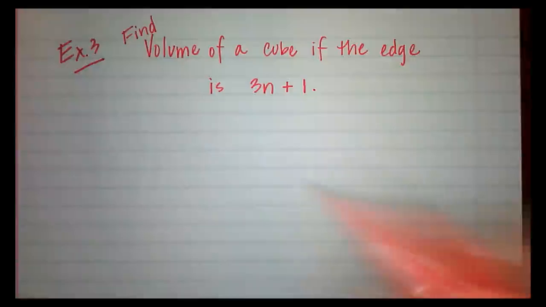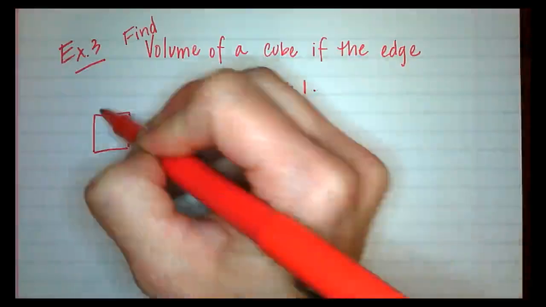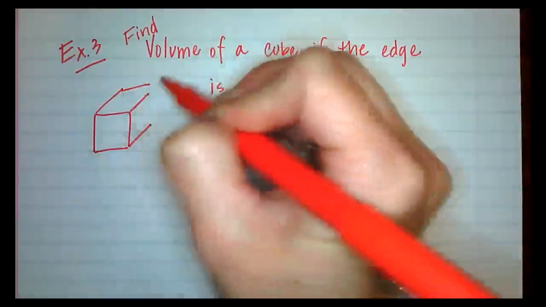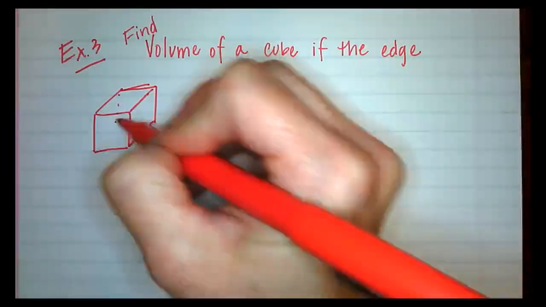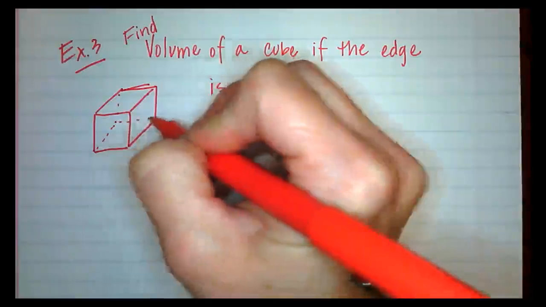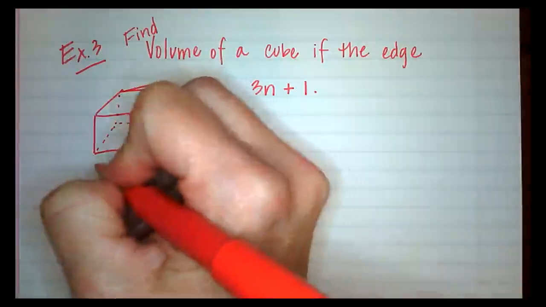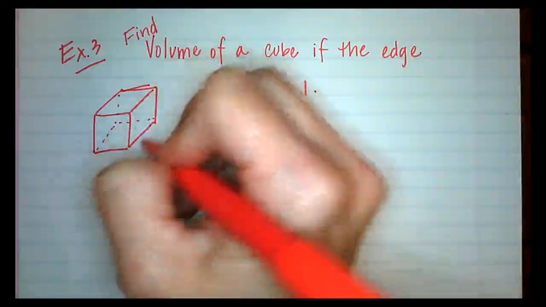Okay, so when we think of a cube and doing the volume of this cube, what we need to remember is that this is a three-dimensional object right here. So the length, the width, and the height are all 3n plus 1.